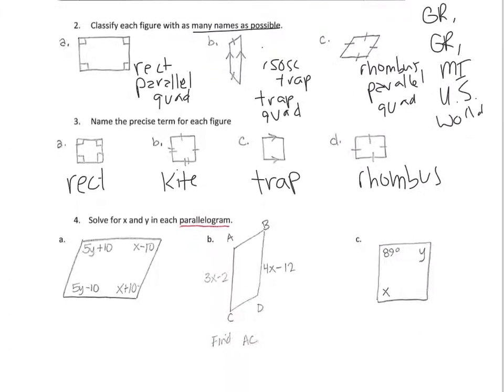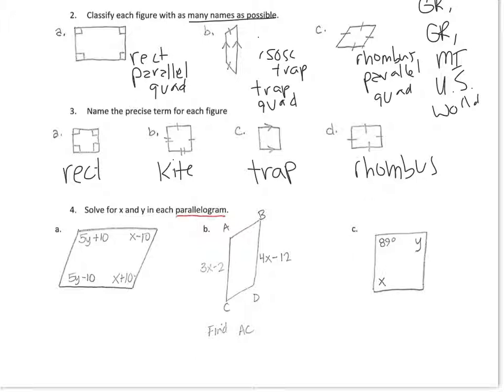Right down here, use your knowledge of parallelograms to solve for x and y. So I know that in parallelograms, consecutive angles are supplementary. So that means that 5y plus 10 plus 5y minus 10 equals 180.